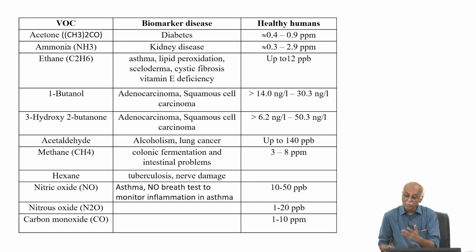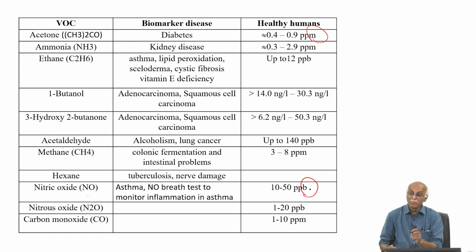So, presence of ammonia of the order of a few ppm or a few tens of ppm has a relationship with kidney or liver diseases etc. So, that can be captured. Asthma is nitric oxide NO presence etc. But you can see that the amount of presence of such trace gases varies from ppm, sub-ppm or ppb order.